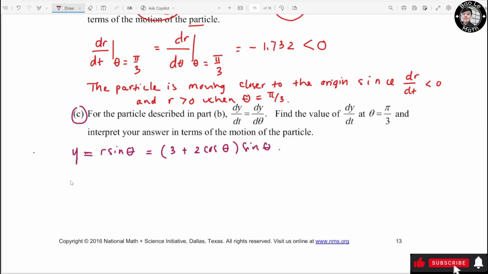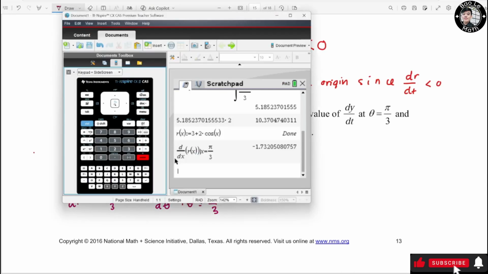Now we need to calculate dy over dt at theta equals pi over 3, which equals dy over d theta at theta equals pi over 3. So we're gonna store the function and calculate the derivative of this one.